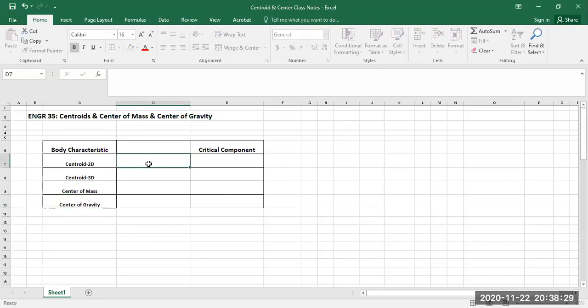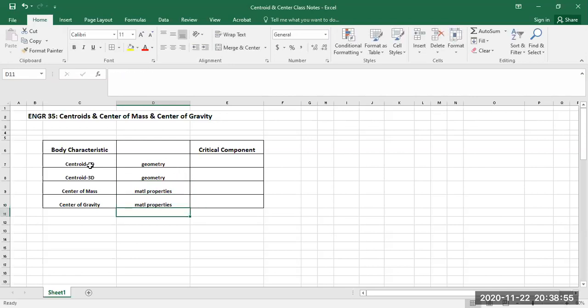So centroid is based on geometry, and so is centroid whether it's 2D or 3D. Center of mass is based on mass of the bodies, and the center of gravity is based on its weight. Actually, let me write material properties here instead, and material properties here.